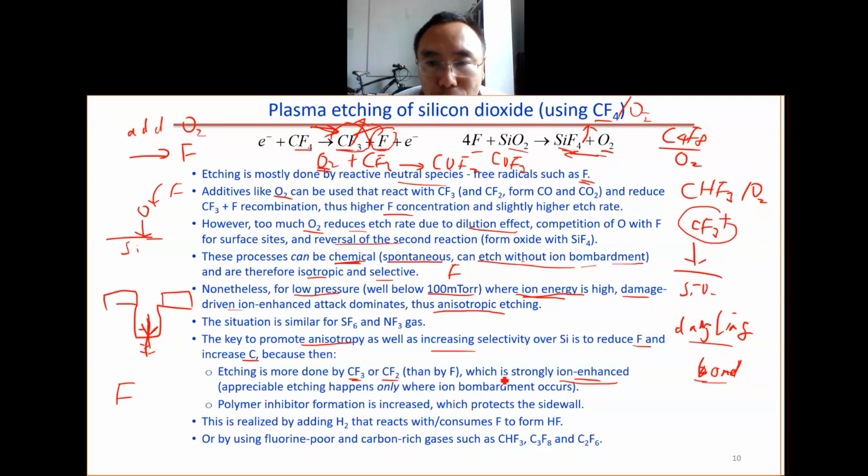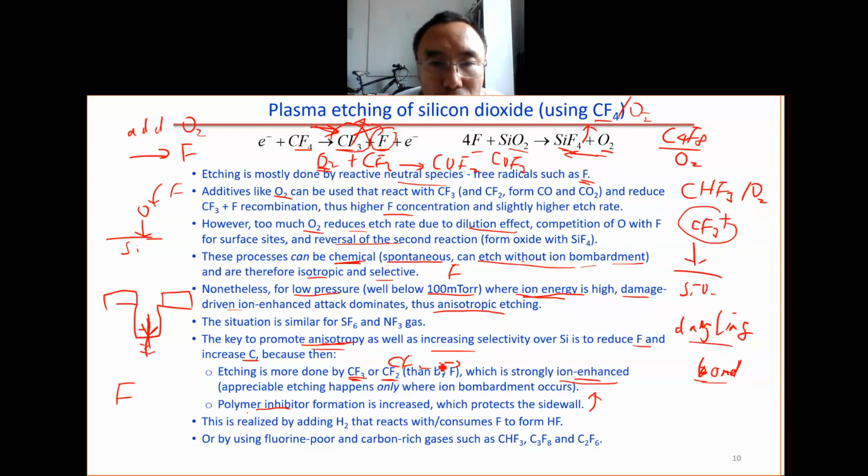When we increase the CF2 from the fluorocarbon polymer, we get sidewall protection, so this will also increase the anisotropy.